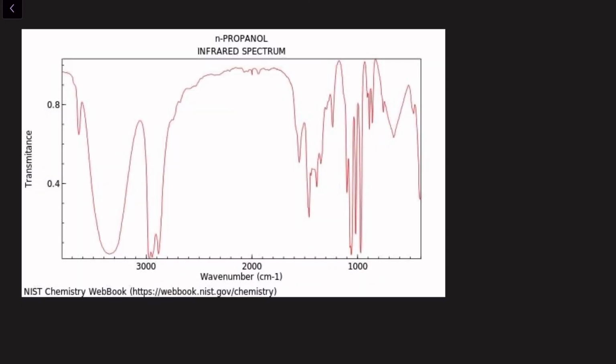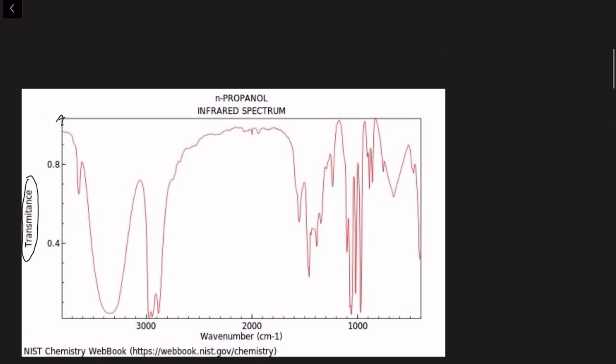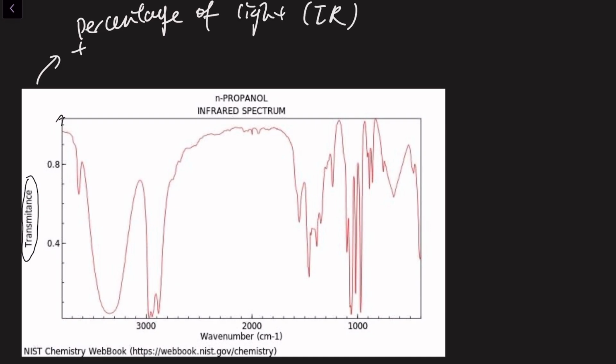On the vertical axis, you can see it is denoted as transmittance. This is really just the percentage of infrared light that gets transmitted. It is either presented as 1 or 100%.